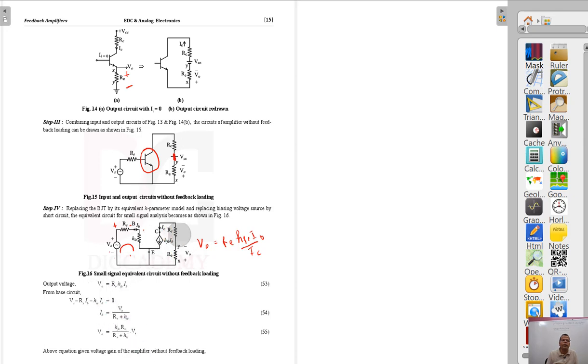So from here, what we do, we have obtained the base current here, right? And we know base current is related with the source supply, and base current is also related to the output voltage. So by putting this expression of IB in this equation, we get the output voltage in terms of Vs. Fine.